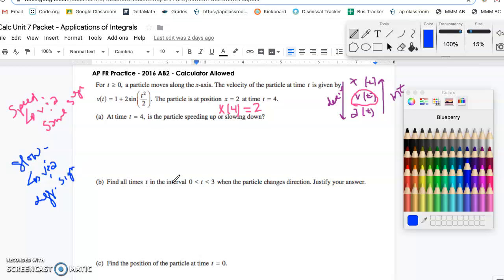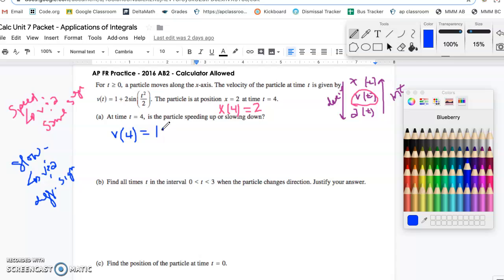So I need to figure out at time equals 4, what's my velocity at time equals 4. So all I'm doing is saying v of 4, and I'm plugging 4 in for t in my calculator.